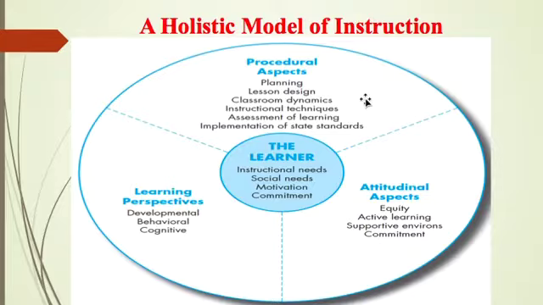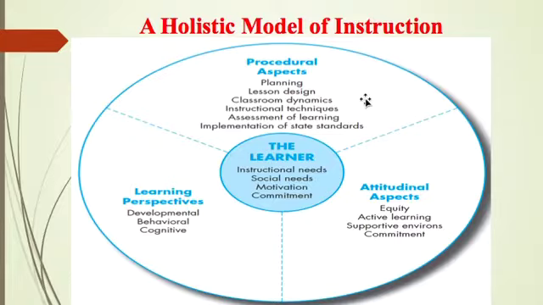There's a difference between the two aspects, equity and equality. Equality means providing all individuals the same thing, and equity is providing the learners what they need. So a teacher needs to make sure that the learners' needs are met.